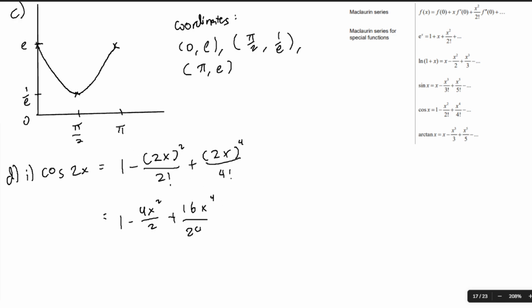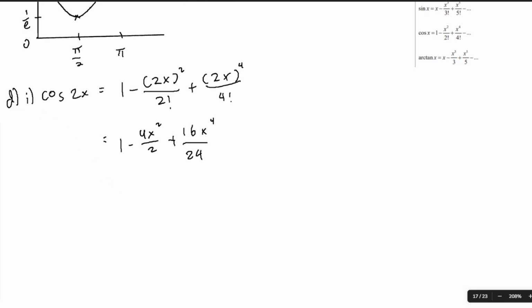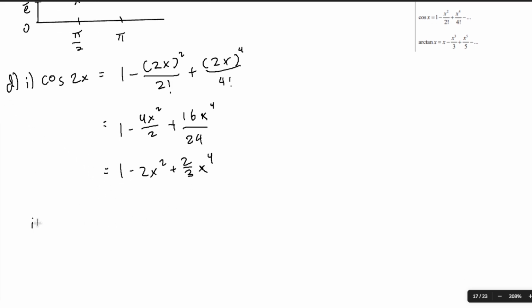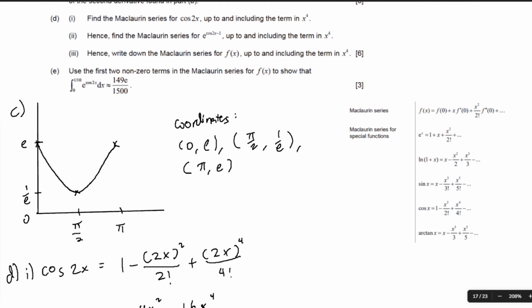Okay. 24. Remember that this is a paper 1 paper, so you will not have a calculator, so make sure you do these calculations correctly. It would leave us with 1 minus 2x squared plus 2 over 3 x power 4. And that is our Maclaurin series for cos 2x.